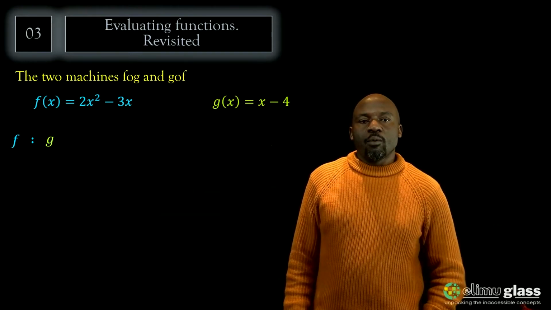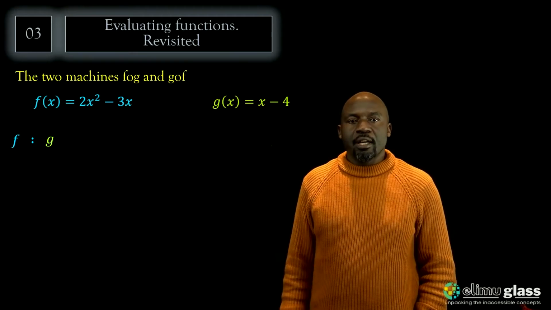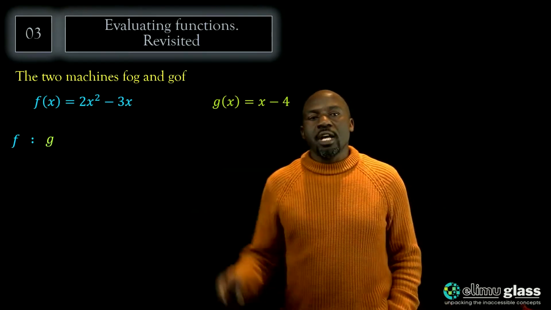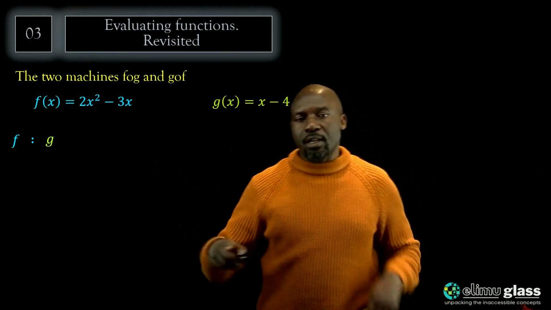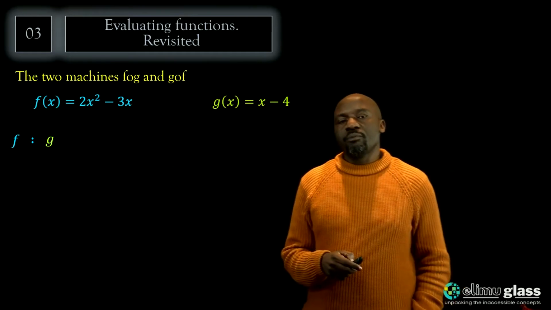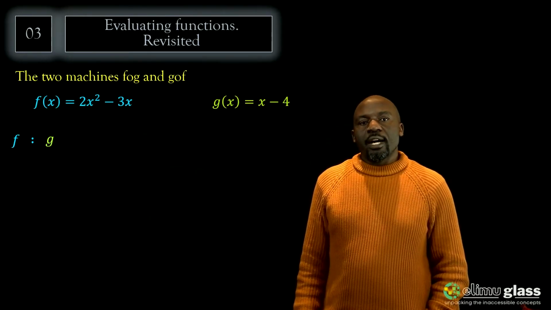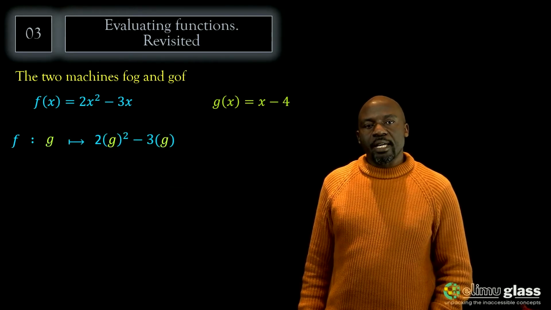All right, what about if we substitute g? Where g is another function, basically this function here. If we substitute g, I've removed the brackets with an x so as not to bring too much confusion. So let's just leave it leanly there like g. If we put that there, then we get 2 into g squared minus 3g.